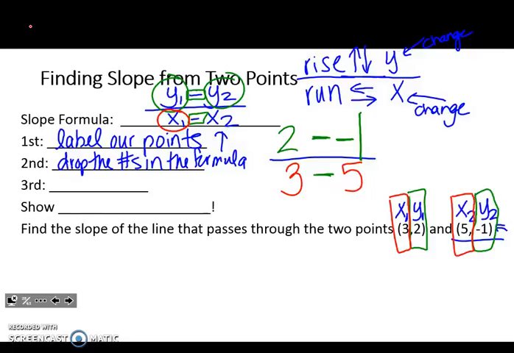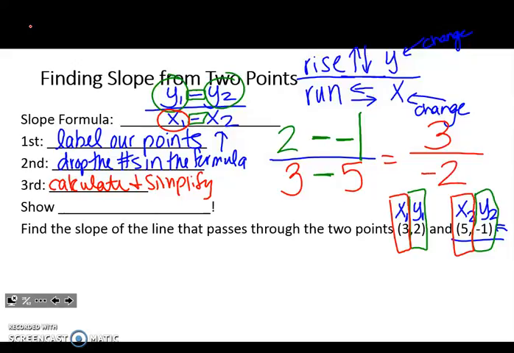Once I have all 4 of the numbers plugged in, I need to calculate and simplify. So you're going to take 2 minus a negative 1, and we should get 3. And then we're going to take 3 minus 5, and we should get a negative 2.